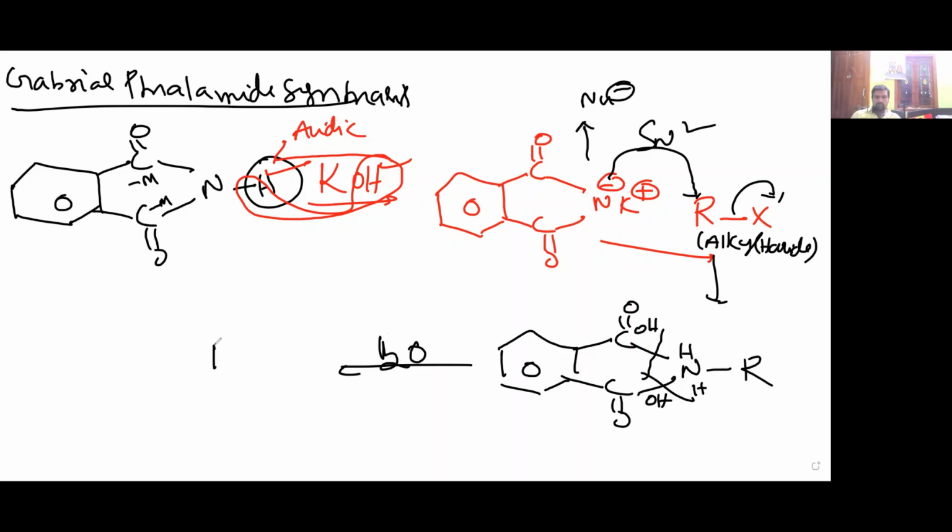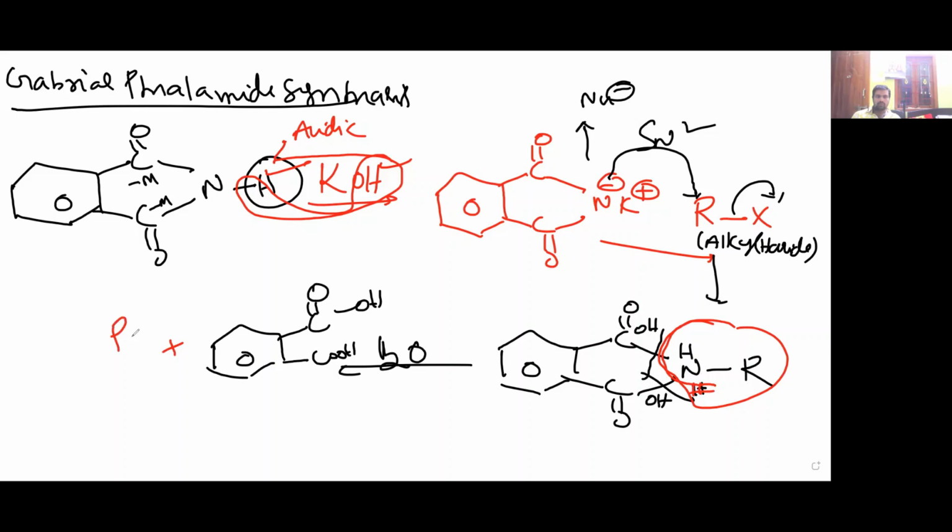That's all. This is COOH, COOH. Please observe what the product is. This is R NH2. This is called a primary amine.